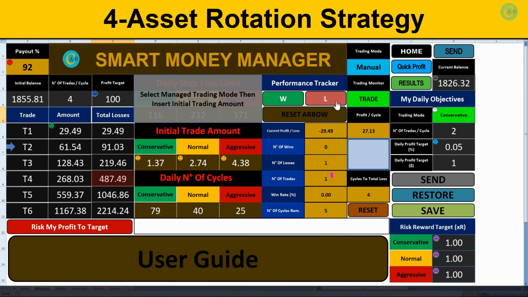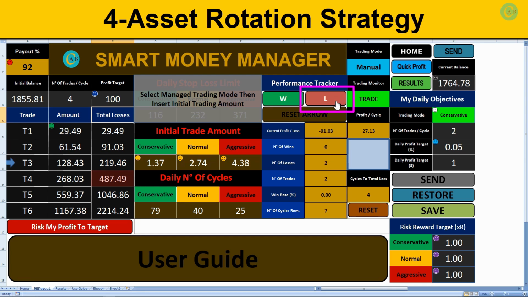And I'm gonna click the red L button on my Smart Money Manager to update my results. The trade tracker arrow is confirming that I'm in third trade, and the accumulated losses so far are $91.03, and I will need 7 consecutive winning cycles in order to hit my profit target.